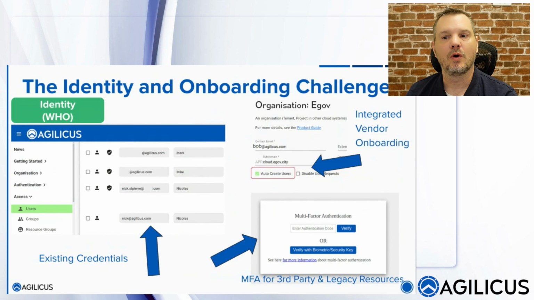I may not know if Bob, for example, at Contractor Hay is using MFA, but I can actually enforce it, and then implement MFA not only for that identity, but at the granular level for very specific legacy resources that have no concept of sessions, users, or even multi-factor. And now I can protect legacy systems, HMIs, for example, with MFA.